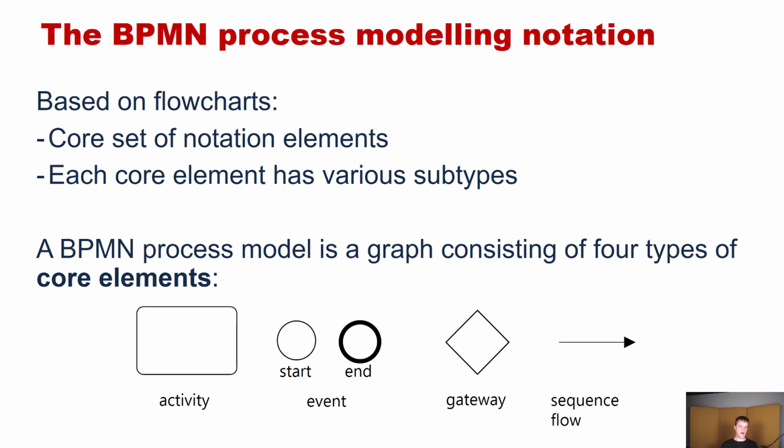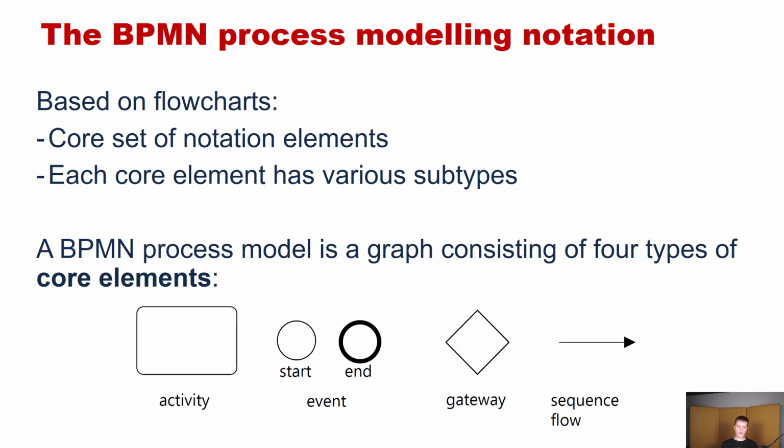Sequence flows, however, are pretty much the same as in process maps, although the only difference is that a sequence flow can also go from an activity to a gateway or from a gateway to another gateway. Now, the different types of gateways is the most important part of this lecture.